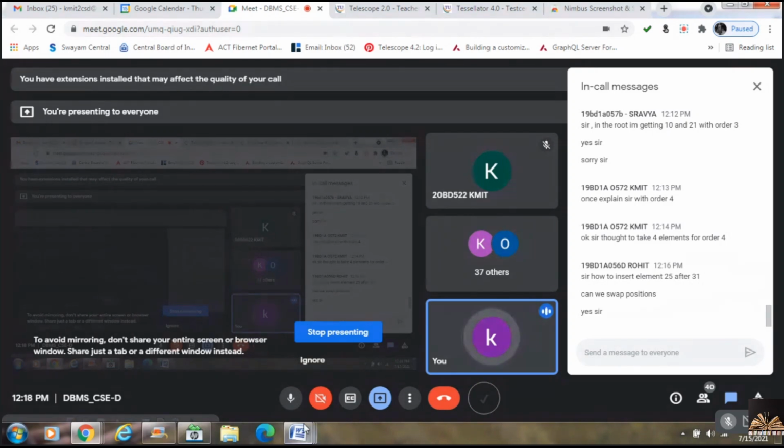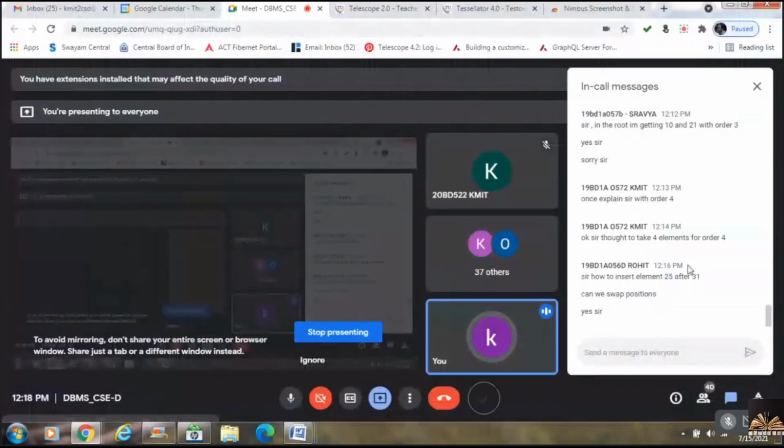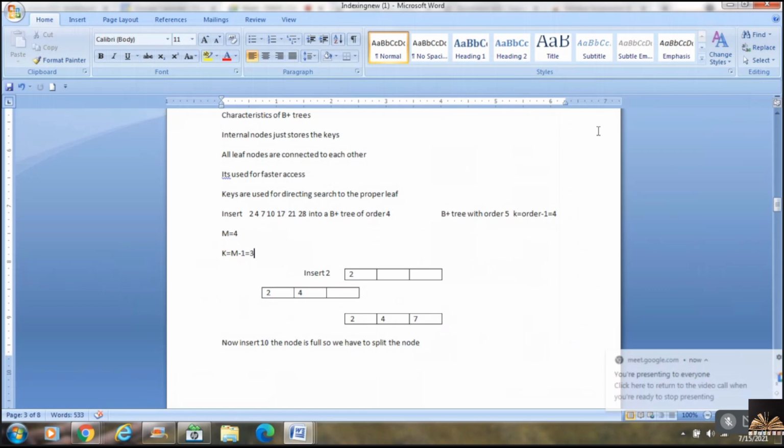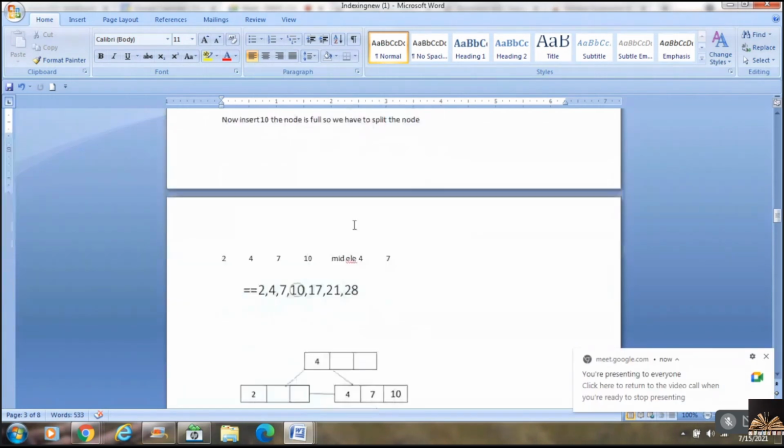I'll just explain that. One second. What are the elements? Okay, 17, 21, 31, 25. So if it is like this, 17, 21, 31 is there.